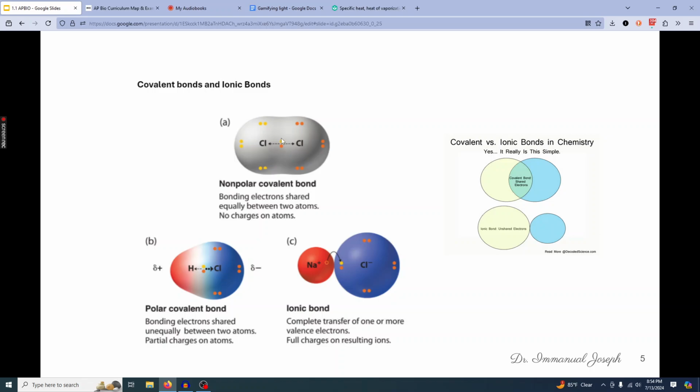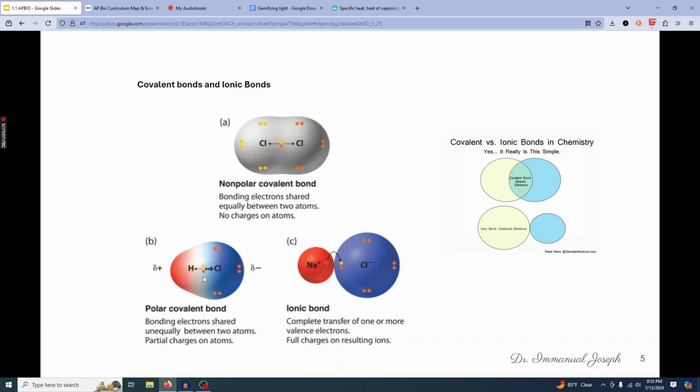So as a result, these electrons end up being in the center. And therefore, there is no charge distribution on either side, because they are sharing the electron in the middle. So this kind of situation where electrons are equally shared between 2 atoms is called a non-polar covalent bond. Okay, it's still sharing, but sharing equally.